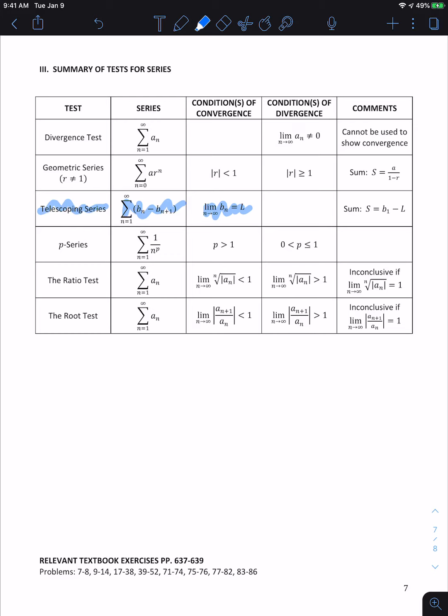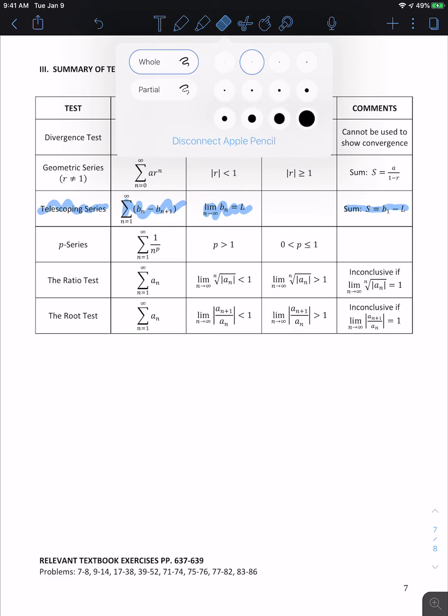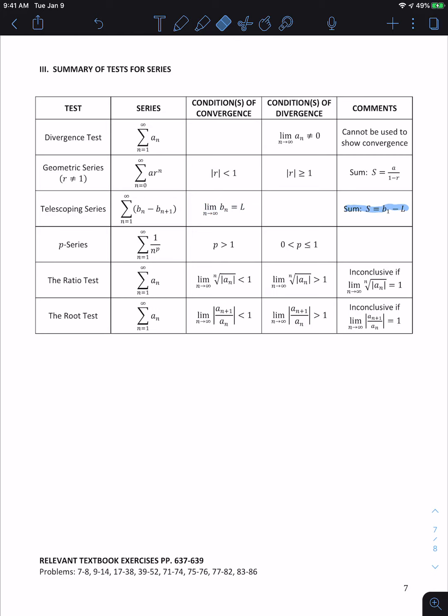But in this case, telescoping series actually always converge, so I kind of misspoke there. If it is a telescoping series, by it having that super special form, we know that in fact it always converges, and this is exactly what the sum is. It's always going to be the first term minus the limit of the nth term. And we talked about that in the first section.